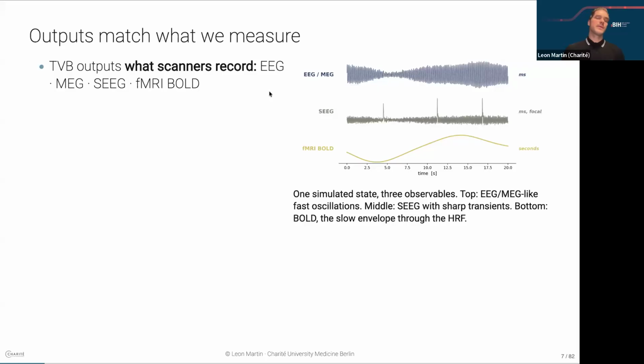Then, for example, functional magnetic resonance imaging measures blood oxygen level dependent signals, usually on the range of seconds, which basically measure the oxygenation, so the activity in the brain via oxygen consumption. This acts on a way slower time scale. So we have different observables, which are only proxies of the actual neural activity, right?